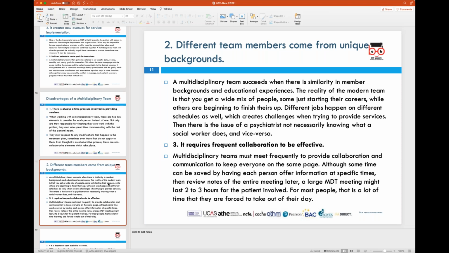In some cases it creates a bit of a reversal of the main aim of putting multidisciplinary teams together.